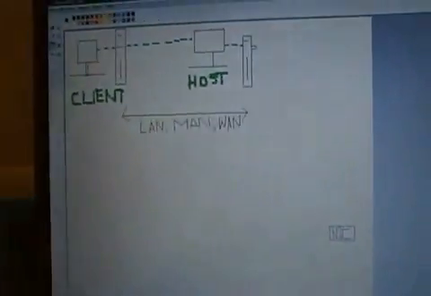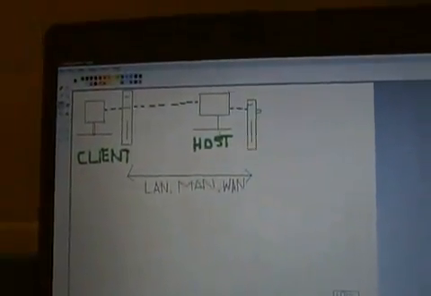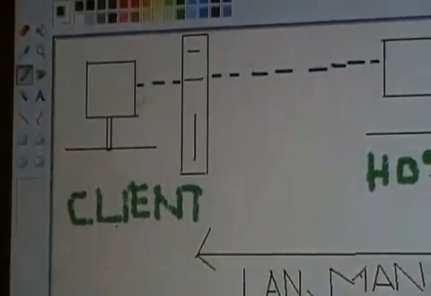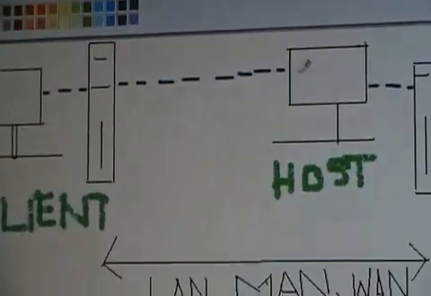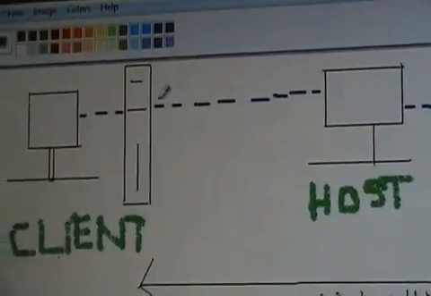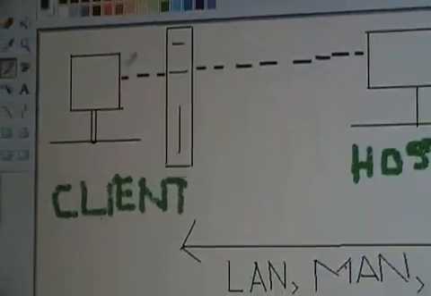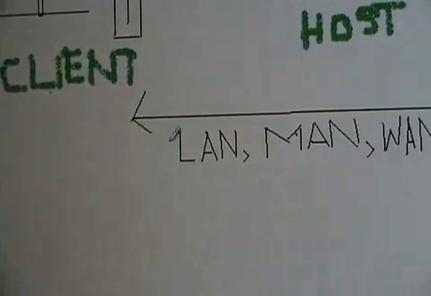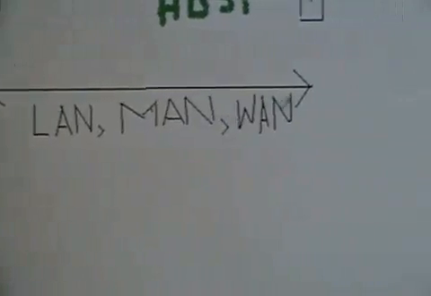So now we've established that there is a host in every network, and there can be multiple clients in every network. What the host does is it sends data along the communications media so that the client can receive that data. And this is the case in any type of computer networking. We've learned about the types LAN, MAN, and WAN.